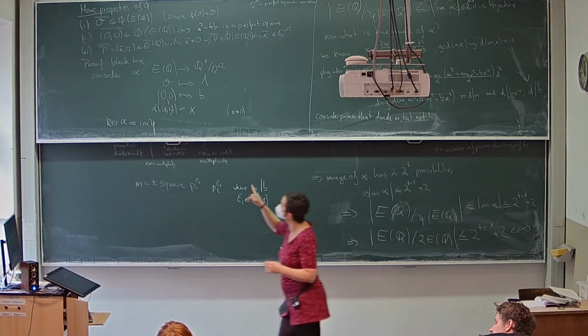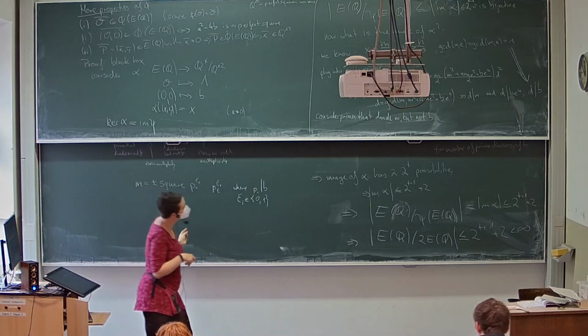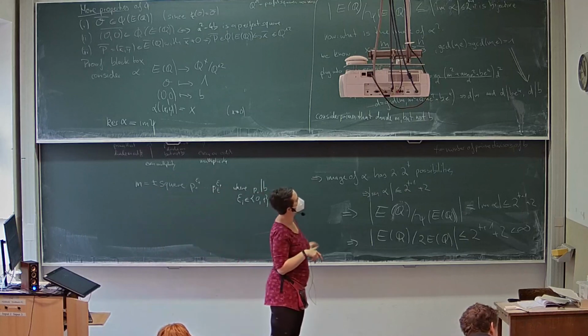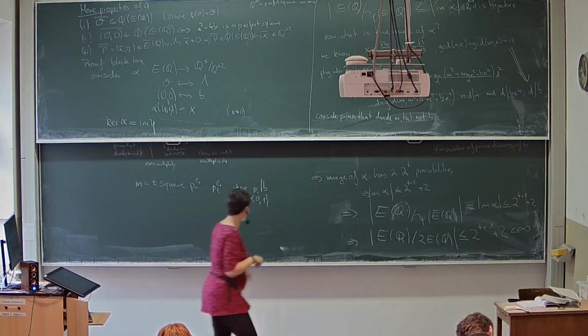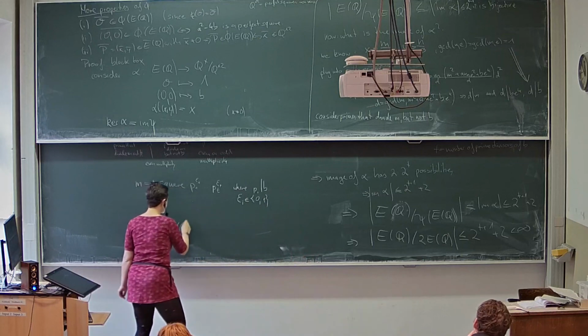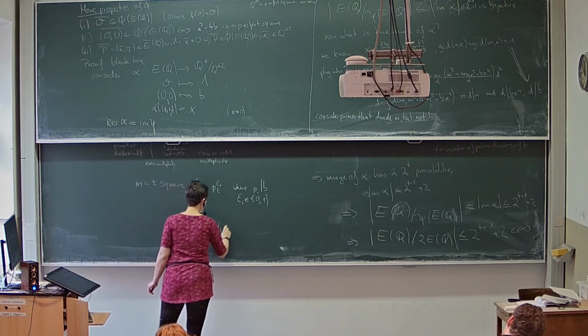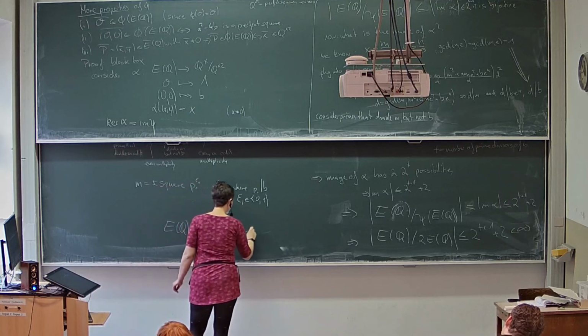But we will use this phi later to say something about the rank of an elliptic curve, because what we now showed is that E(Q), with the Mordell theorem, is finitely generated.